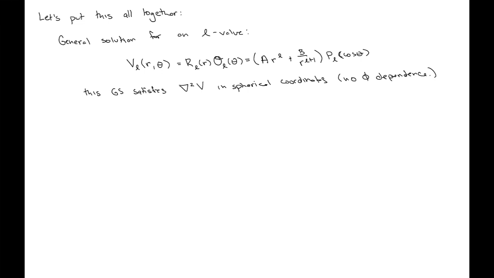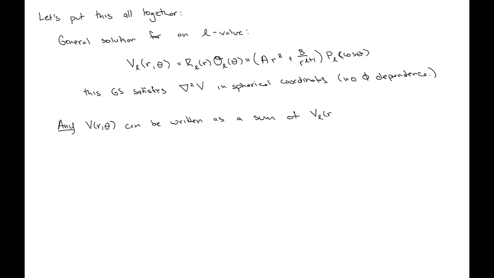Similar to what we did before, I'm going to show you that any potential that we can define as depending on r and theta in a spherical coordinate system can be written as a sum of these V sub L's.